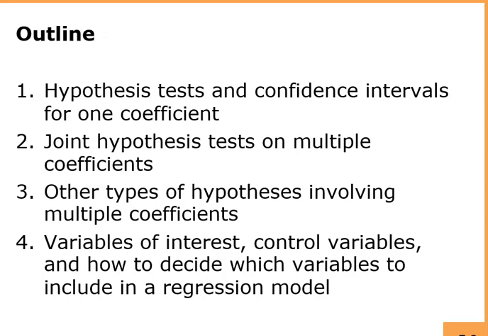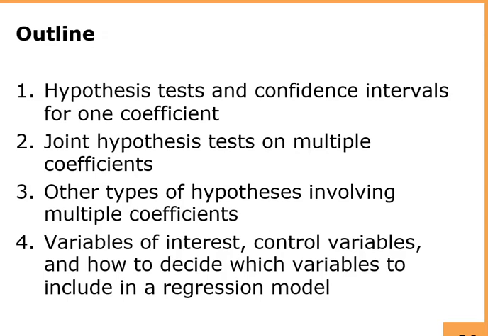So basically, since we have multiple coefficients coming from the different regressors in the regression equation, we will be looking at whether a combination of those coefficients is equal to some null hypothesis or not. So that is what we will be testing for.